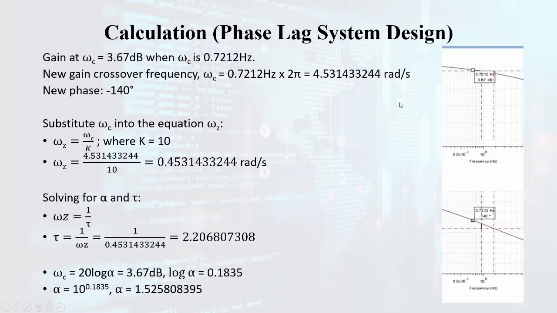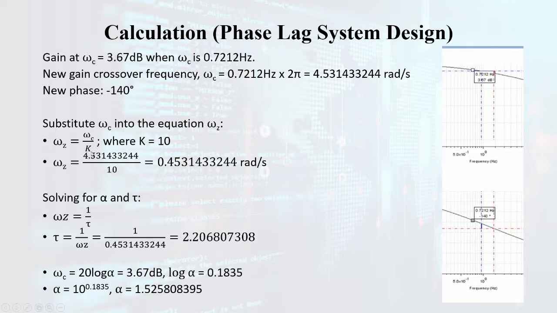So the gain is 3.67 dB when the frequency is 0.7121 Hertz. To get omega, we have to multiply by 2 pi to become 4.5314332244 radian per second, and we will substitute the omega to find omega z.